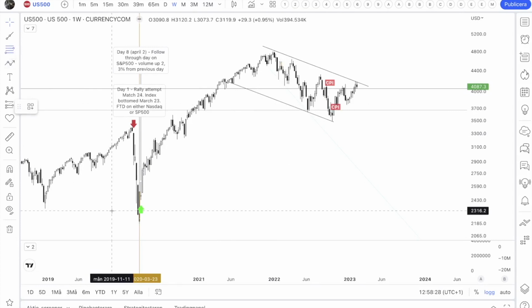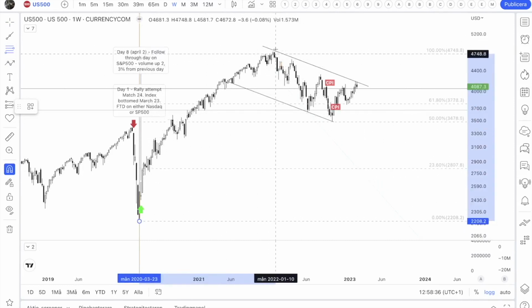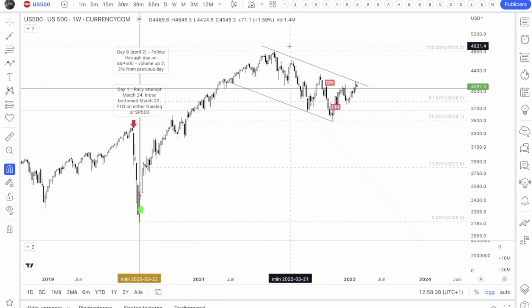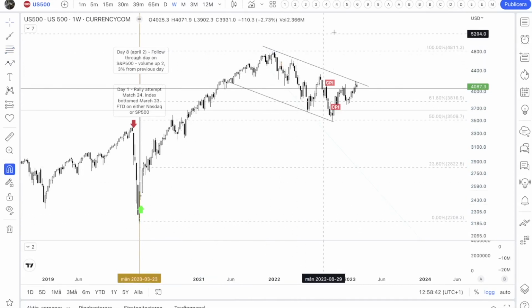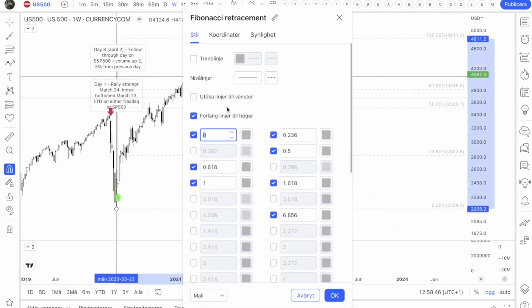So we do a fib from here, and I have the magnet on to get it exact. Normally I don't. We go from the bottom to the top, right? So here's 0% and up here 100%. Normally 61.8 is important, and I think 50 is important, and 1.618 is important as well as 0.